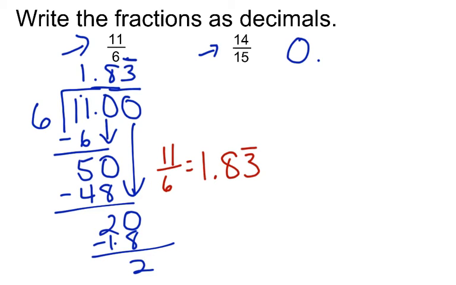Now 14/15, we divide 14 by 15. And again, I should get a 0 in my whole number spot, which I do, because it's a proper fraction. If I didn't, then I would know that maybe I reversed my division. So 15 can't go into 14, and the difference between 15 and 14 is pretty high.